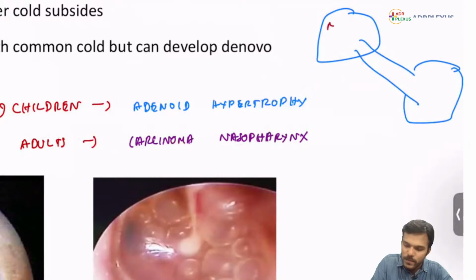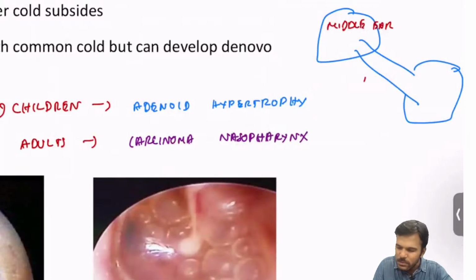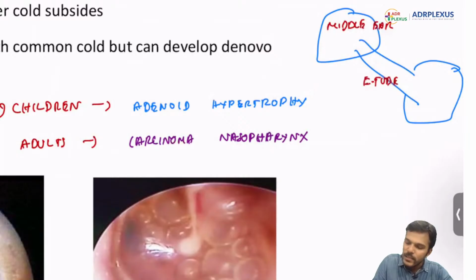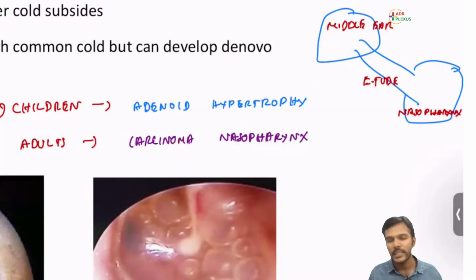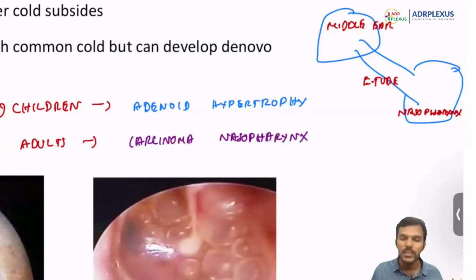This is the middle ear, this is the eustachian tube, and this is the nasopharynx. The tube is 36 millimeters in length, flexible, horizontal in children and vertical, a little bit transverse, in adults. That itself makes children more prone to aspiration of milk into the middle ear through the eustachian tube. That is another MCQ.